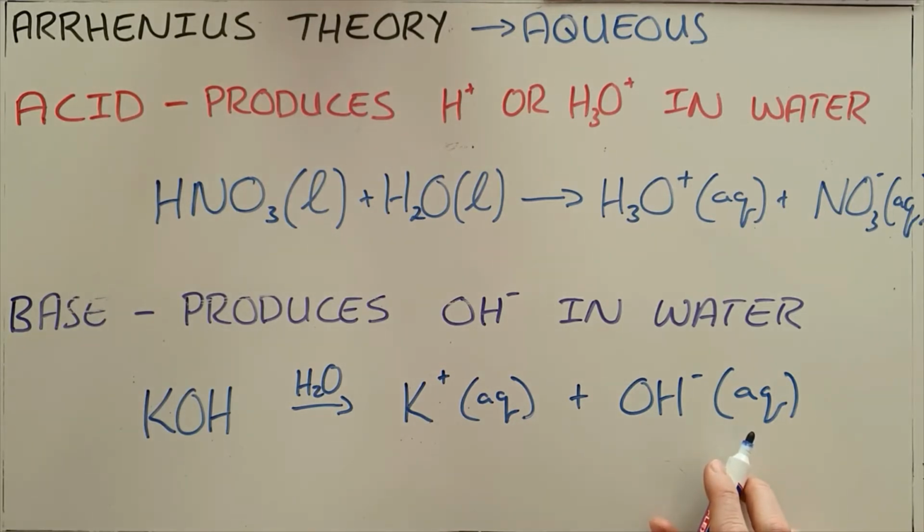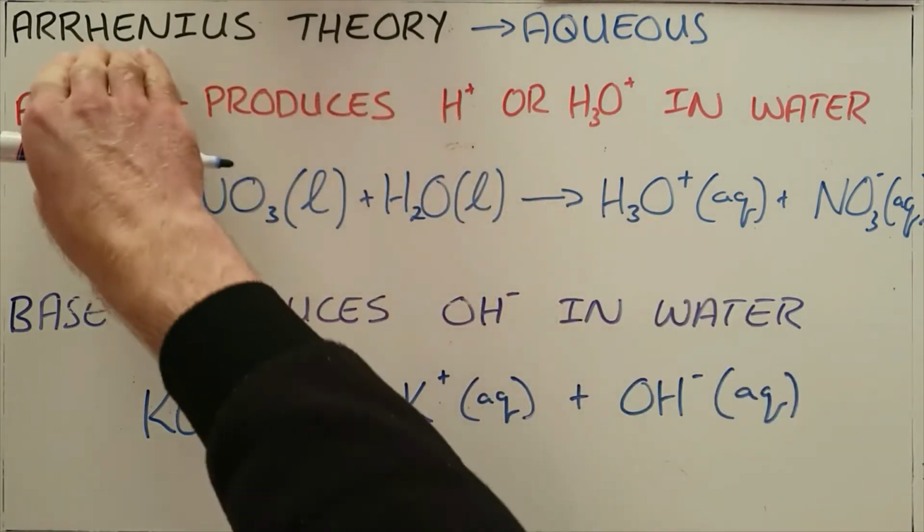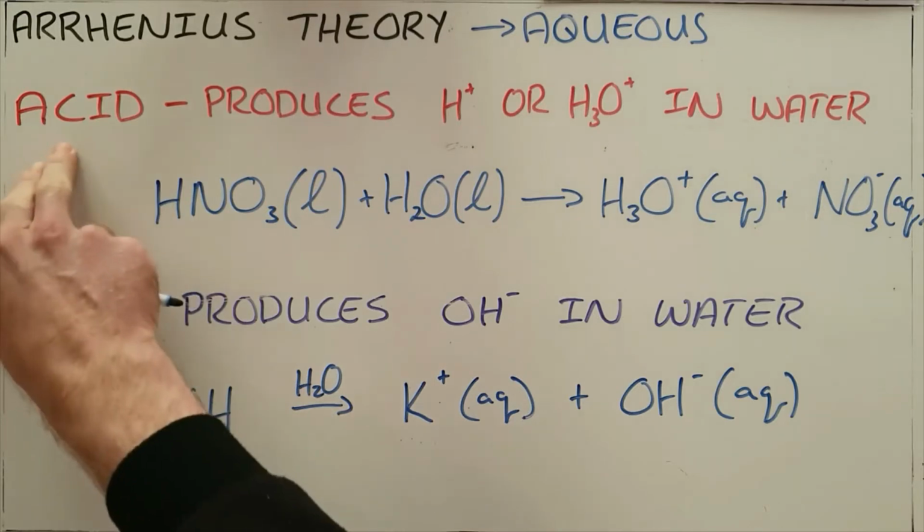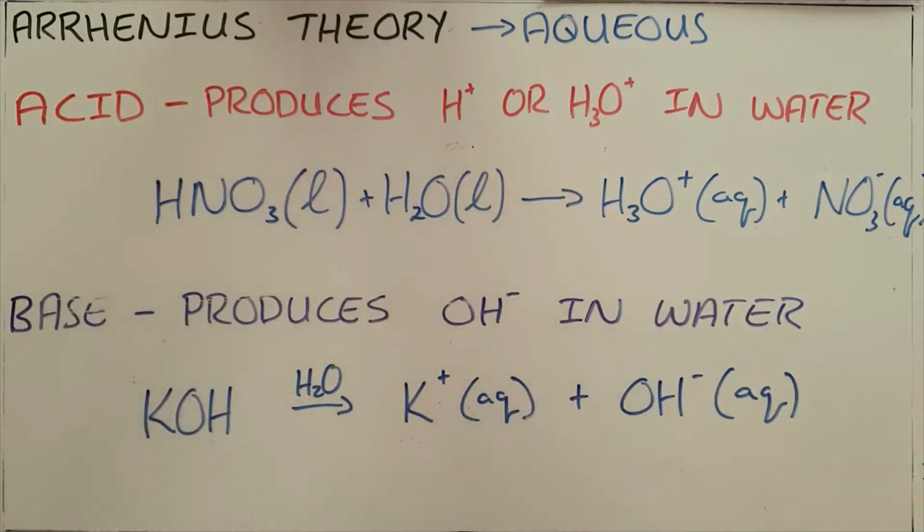So the Arrhenius theory is specifically aimed at explaining the properties and behavior of aqueous solutions of acids and bases. An Arrhenius acid is any substance that produces hydrogen or hydronium ions in water, and an Arrhenius base is any substance that produces hydroxide ions in water.